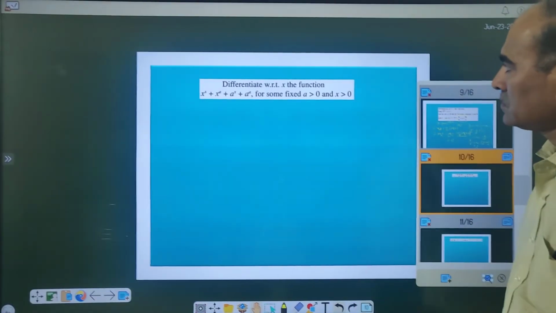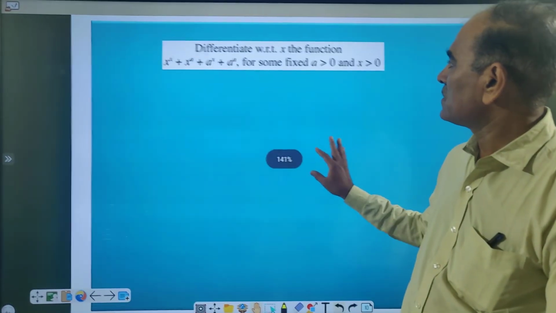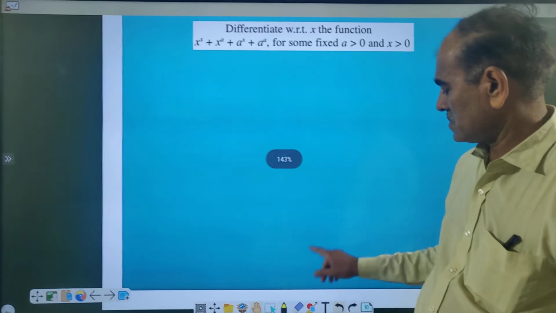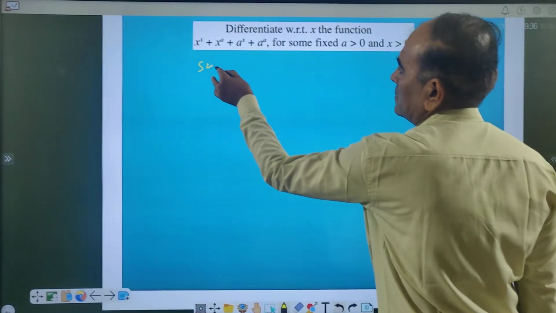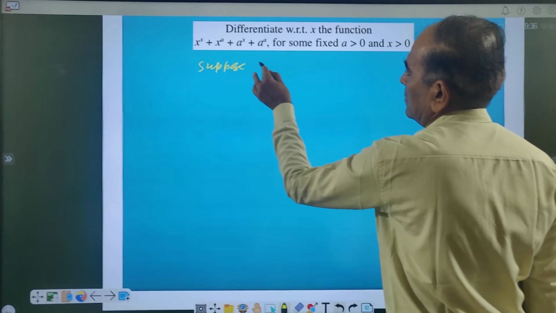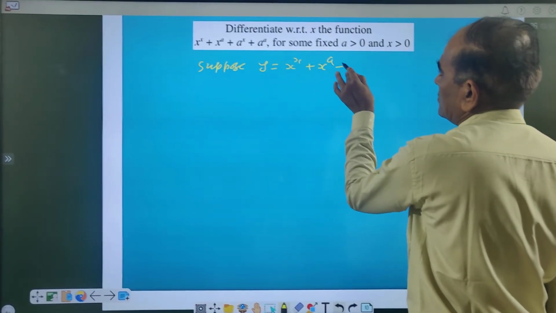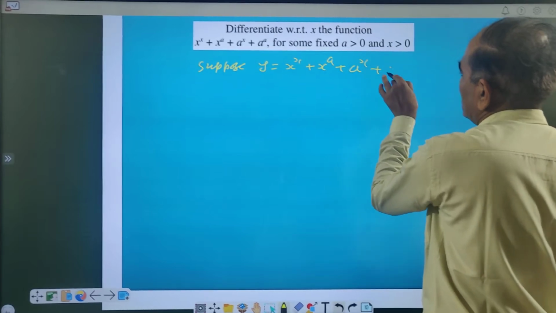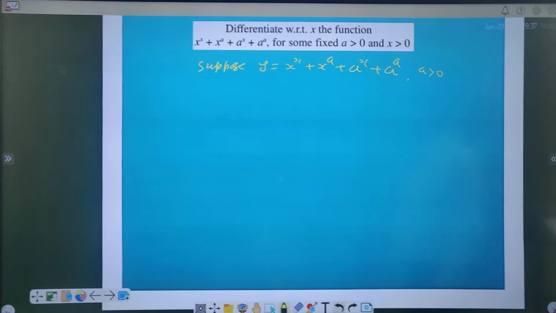Next one. See, differentiate this one with respect to x. Okay. Suppose y is equal to x raised to x, plus x raised to a, plus a raised to x, plus a raised to a, where a is a positive integer given to us. Okay?